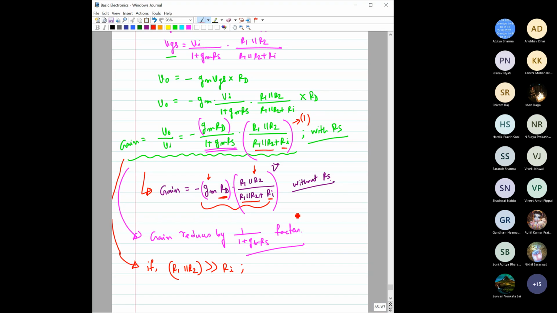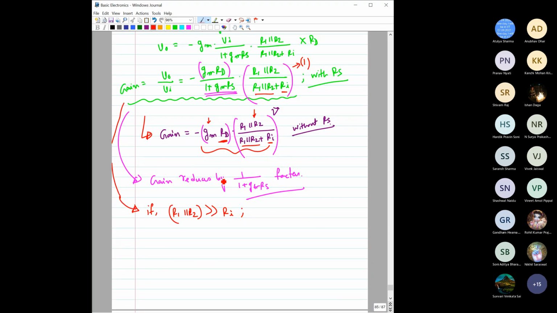Then, if we assume that this gmRS term is much greater than 1, then we can write Vout by Vin is approximately equal to minus gmRD by gmRS.